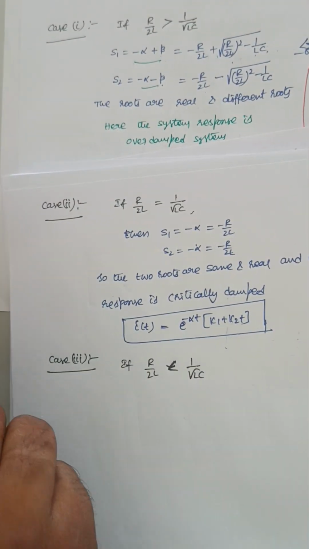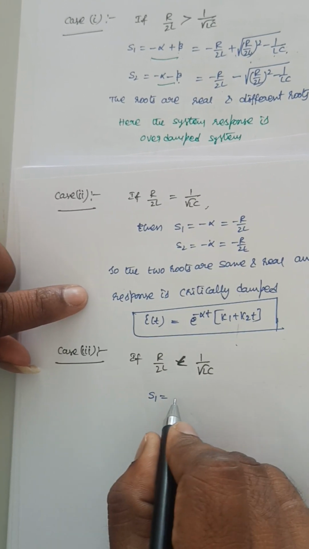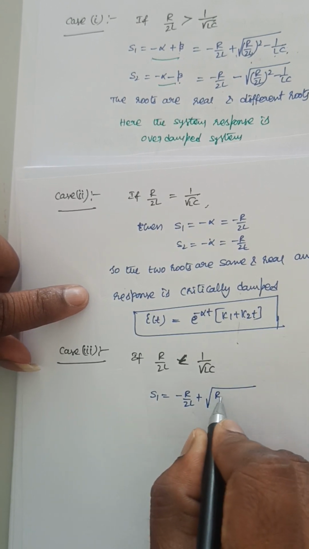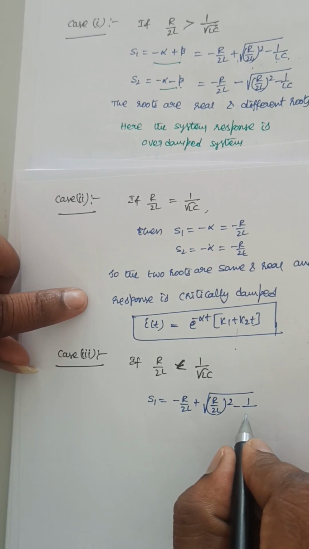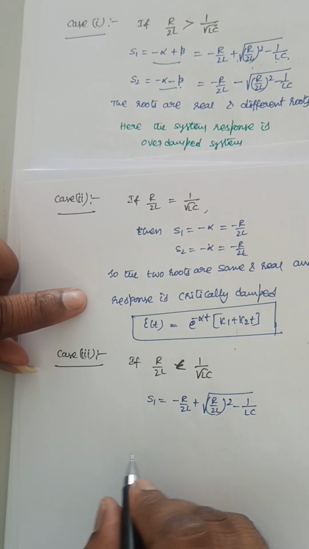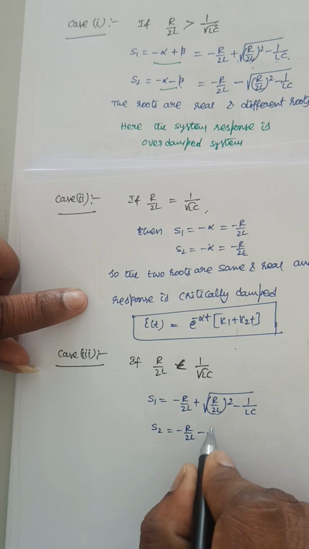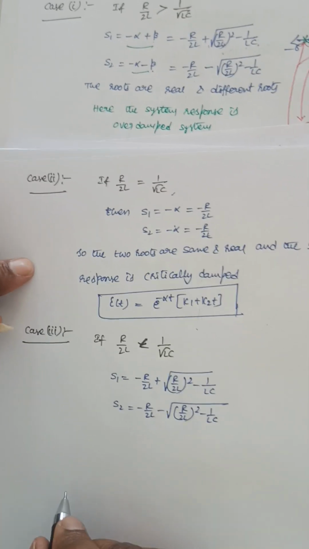So now S1 is equal to minus R by 2L plus square root of (R by 2L) whole square minus 1 by LC, and S2 is equal to minus R by 2L minus square root of (R by 2L) whole square minus 1 by LC.